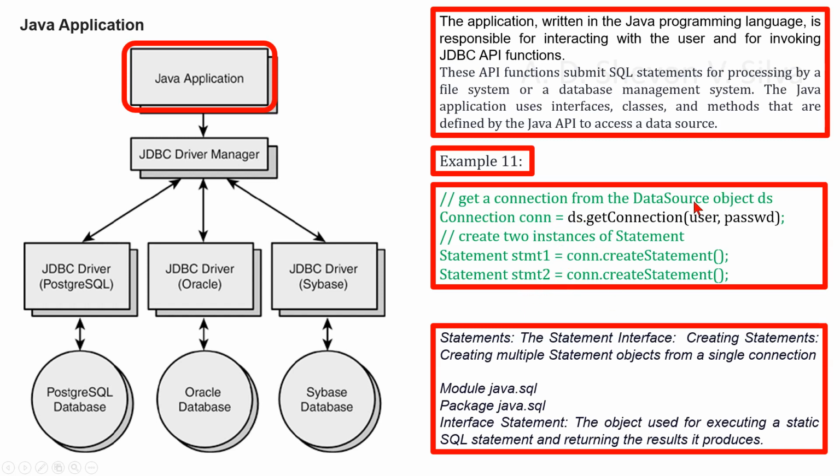Here we get a connection from the data source object ds. Here we create two instances of statements.